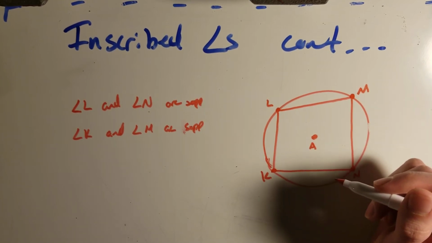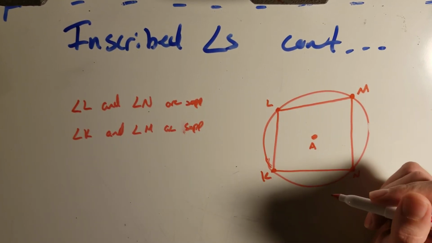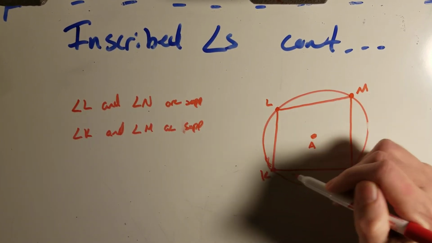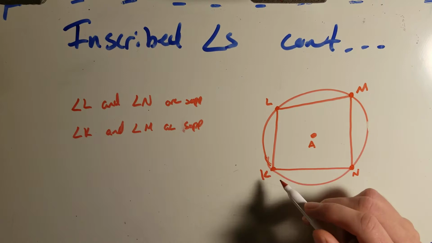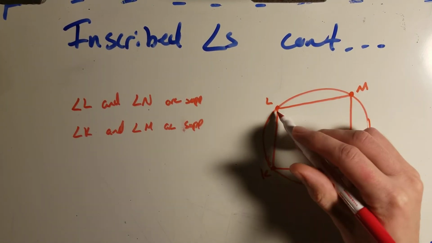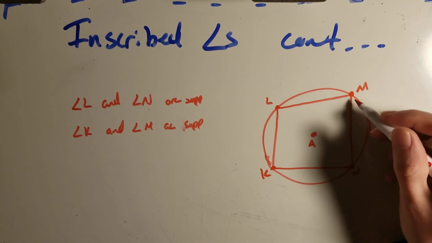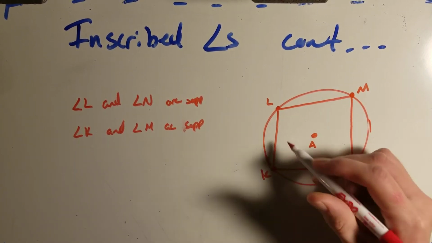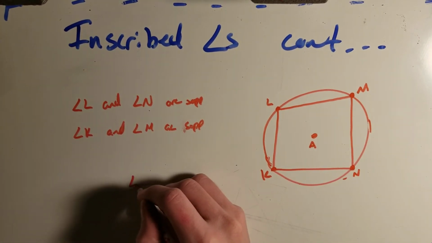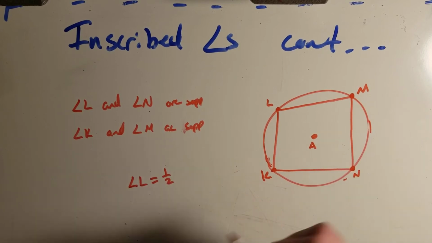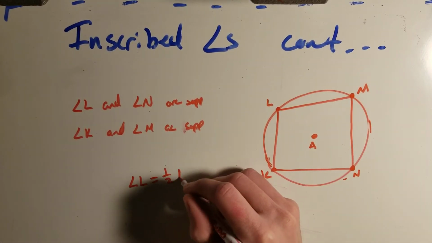And the way you can think about this one is if you were to focus on angle L, that angle would be half of the measure of the arc KNM, right? So we don't know exactly what its measurement is, but we know angle L equals 1/2 of KNM, so this arc.